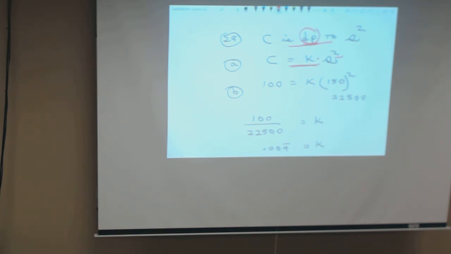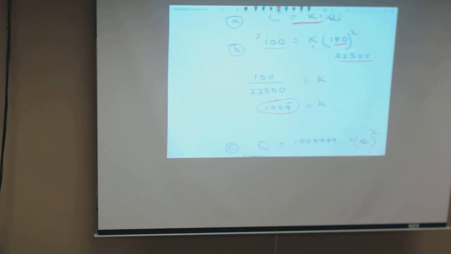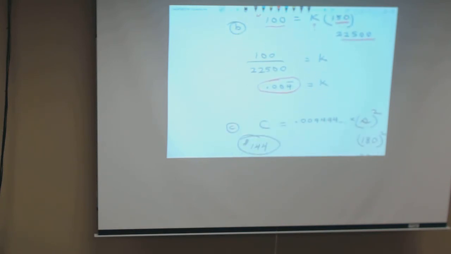That's A. If it cost $100, B, for a speed of 150, that's the number I square. Find K. So 150 squared is 22,500. 100 divided by 22,500 is K. So K is 0.004444.